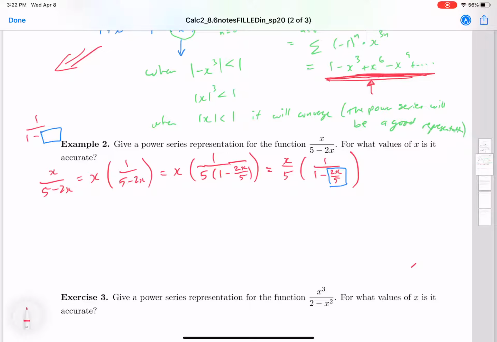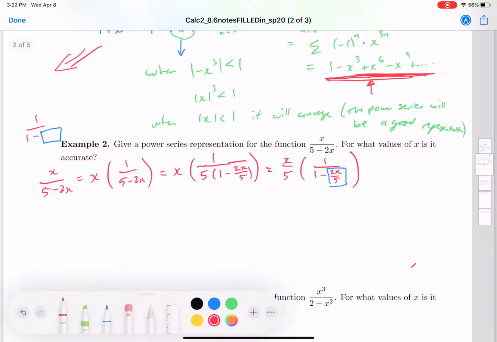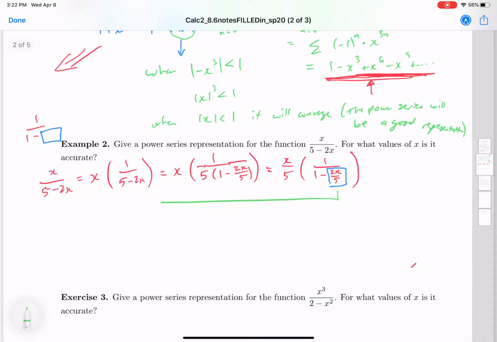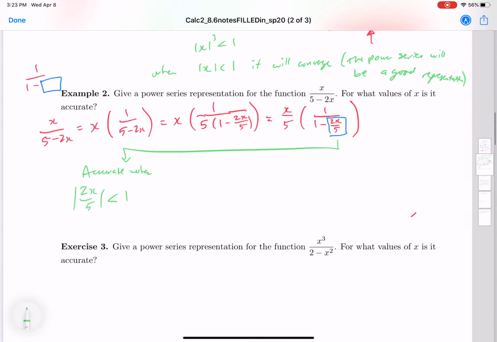So first of all, when is this going to be accurate? It's going to be accurate when the absolute value of 2x over 5 is less than 1, because that's when my geometric series would converge. And here I can multiply the 5 to the other side.